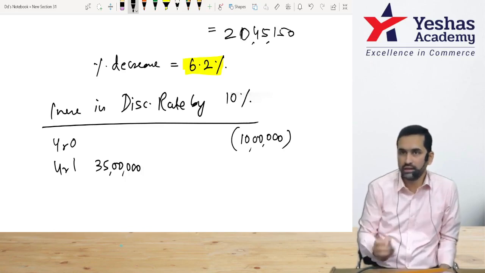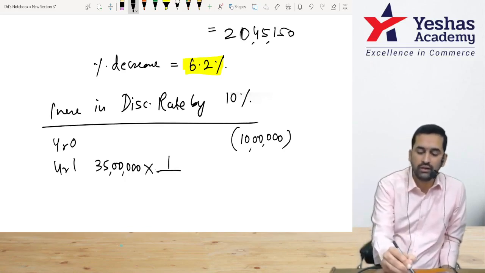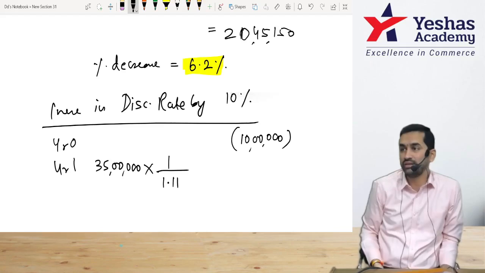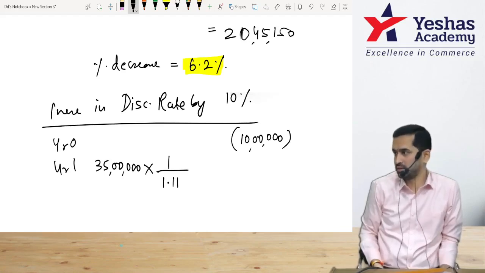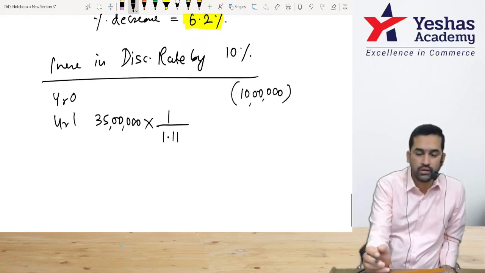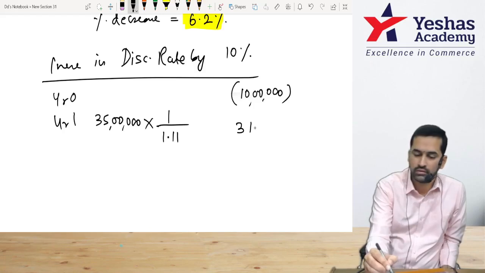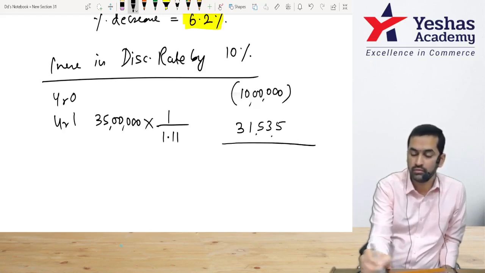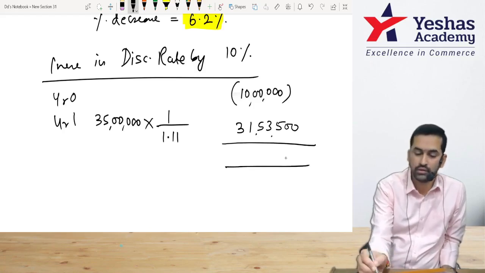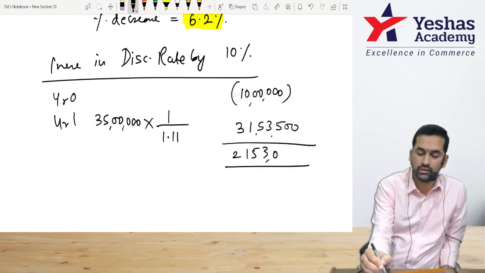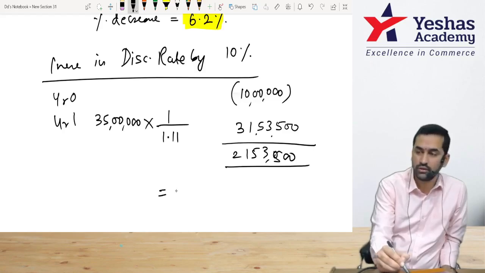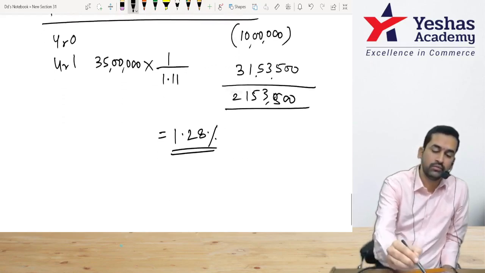No need of any calculation. But this will be 1 divided by 1.11. You need 11% DF. If you have it, then this 3153,500, this 2153,500. What's the percentage fall? 1.28.